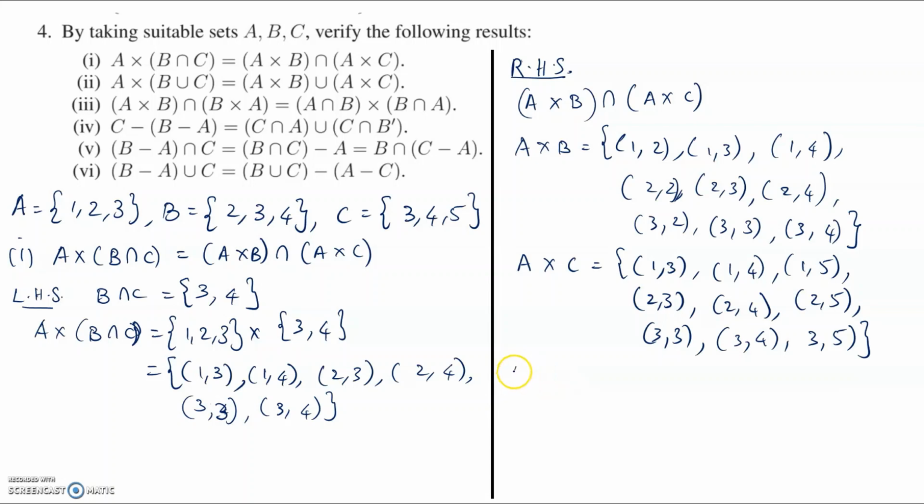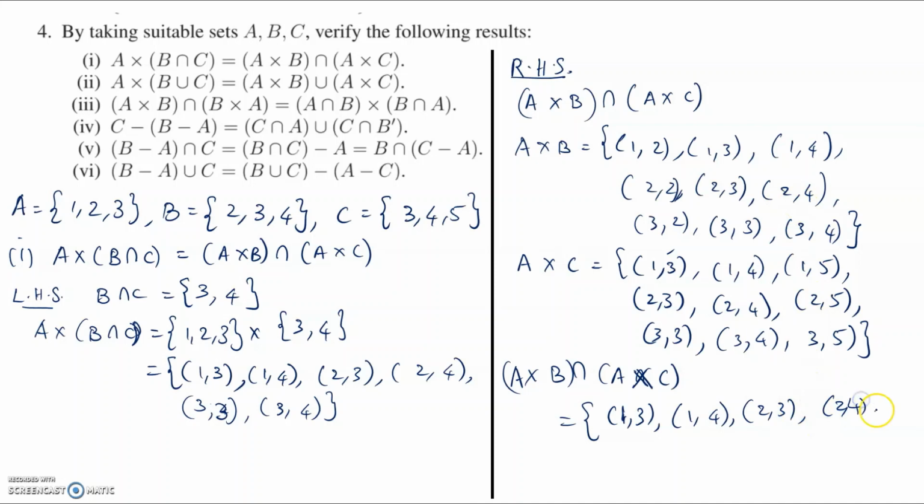Okay, now we need to get A Cartesian B intersection with A Cartesian C. So what are the common terms here? You have (1, 3), which is common. Then (1, 4) is common. Then you have (2, 2) here, which is not here. (2, 3) is common. Then (2, 4) is common.